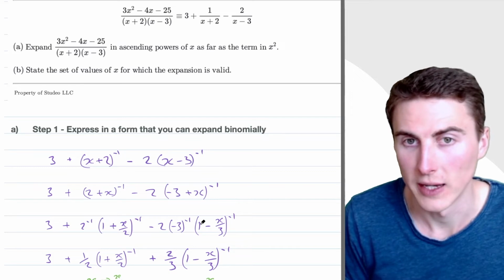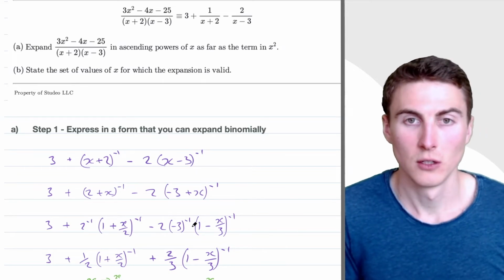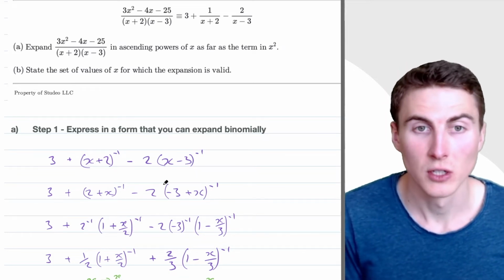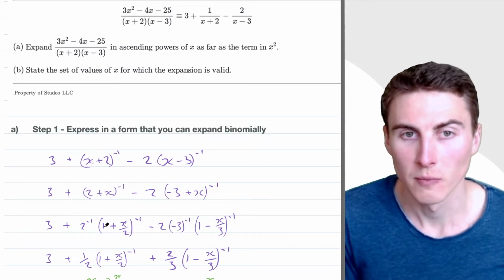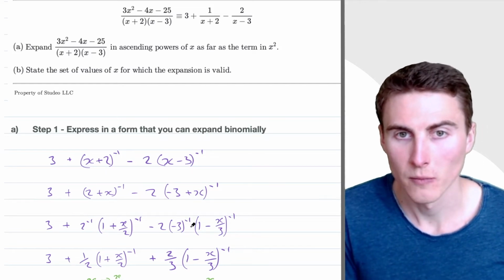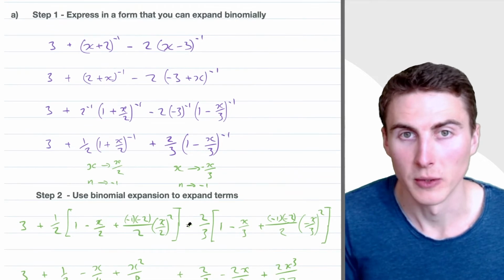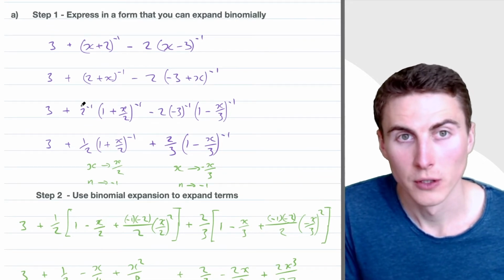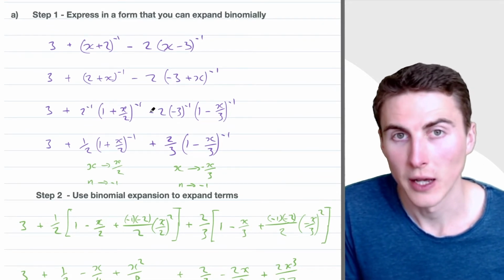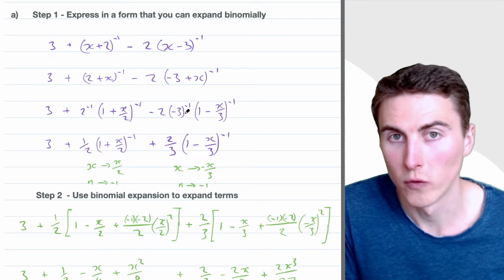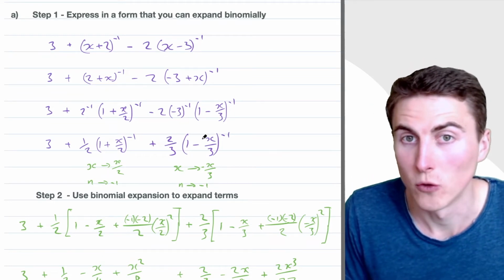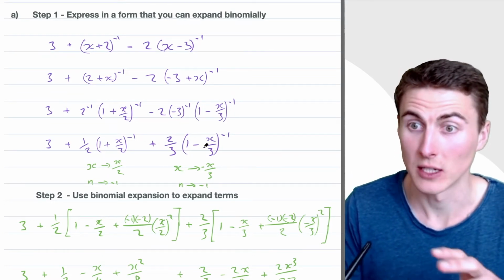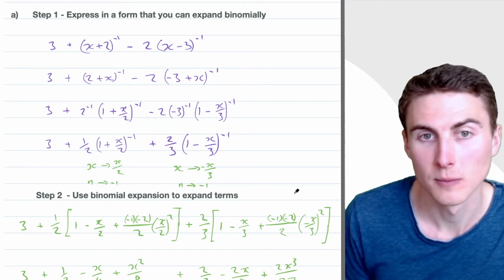So I've got a 1 here, and here I've pulled out the factor of minus 3. Remember, when we do binomial expansion, you have to have a 1 plus something x. So that's what I've done for these two. And then I simplified that down a bit. So this is a half, and minus 2 times 1 over minus 3 is 2/3. So we've now got this all in a form that we can binomial expand. That's the first thing to do. Always put it into this form first.